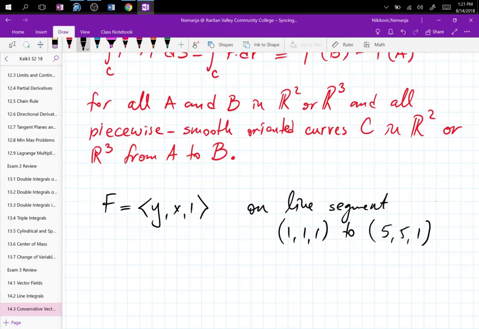Actually, you know what I could do? Instead of fixing a problem, let's do a full problem from scratch. That way we practice everything. So let's go and evaluate a line integral using this.